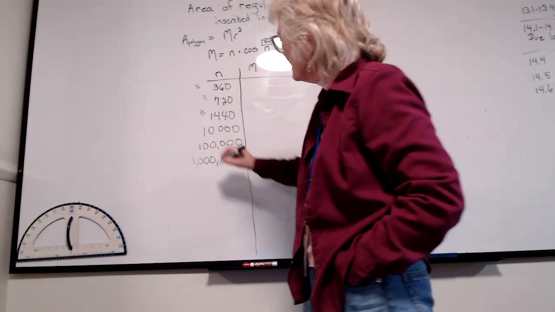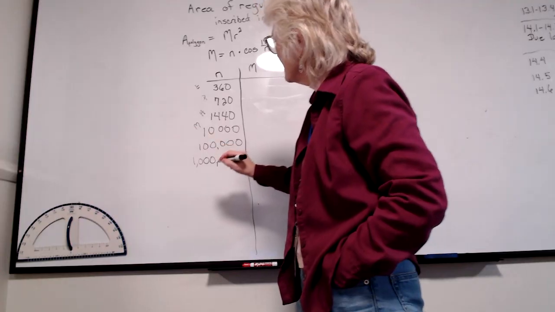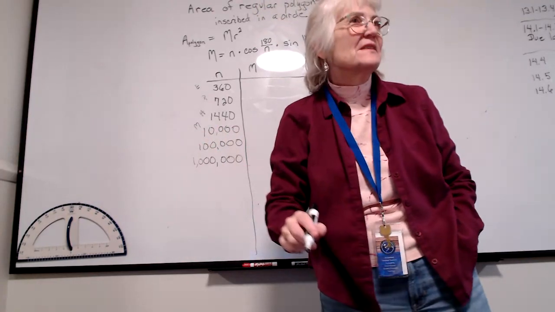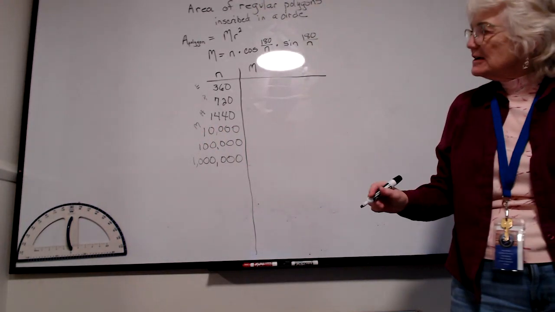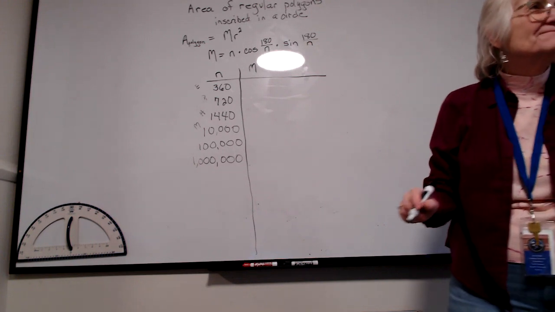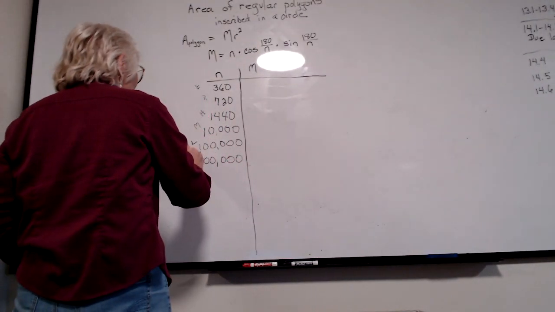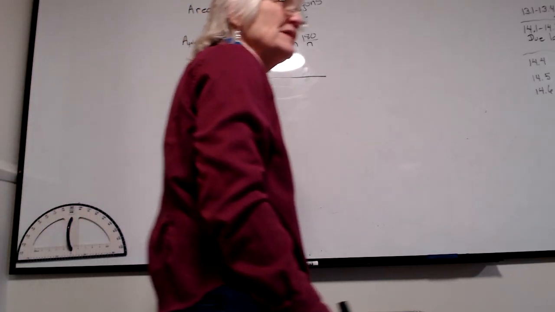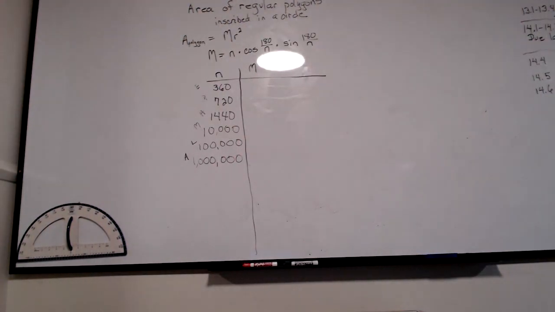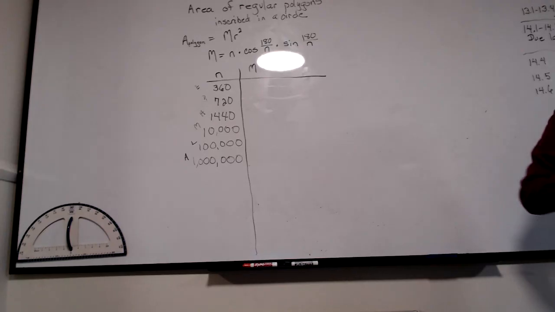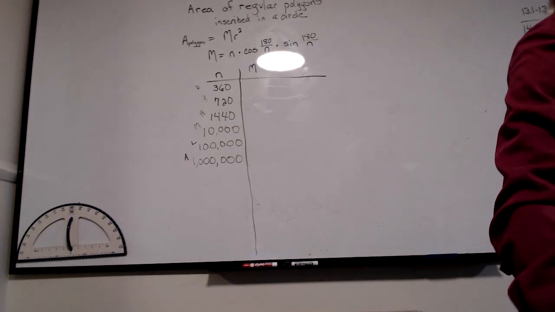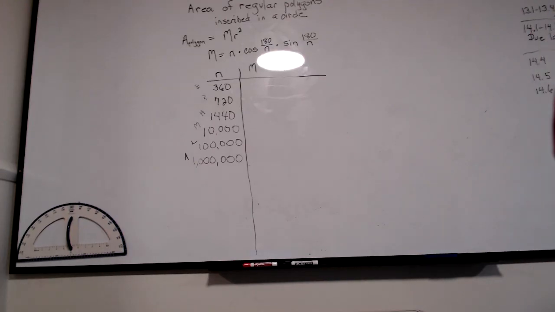Micah, let's have you do 10,000. Luke, you're doing 100,000. And Aaron, you are going to do 1 million. Good luck. It's not that much harder, he just has to type the number in. So, calculate those figures.